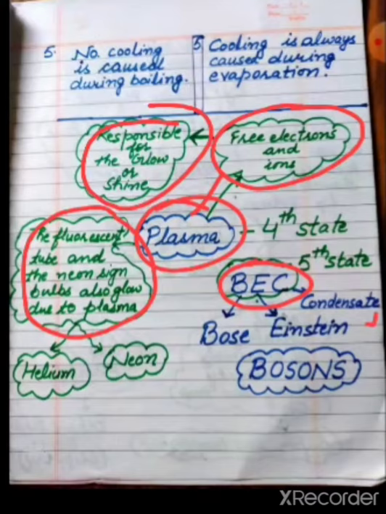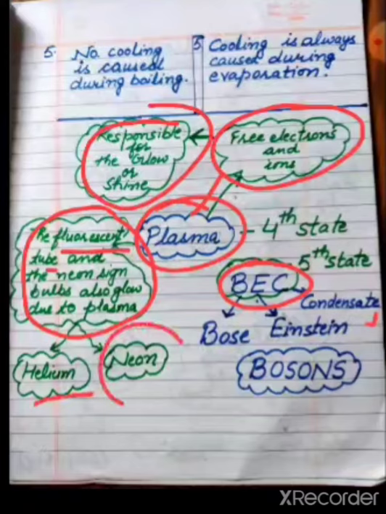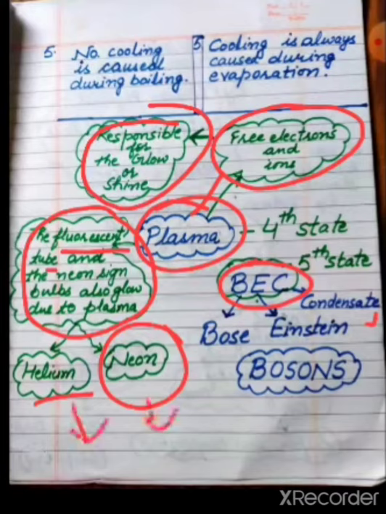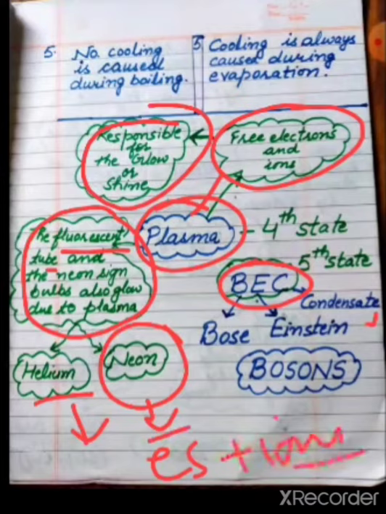In the fluorescent tube, there is helium or some other gas, while neon is present in neon sign bulbs. As electricity flows through them, the atoms of these gases break into charged electrons and ions, and they constitute plasma which glows.